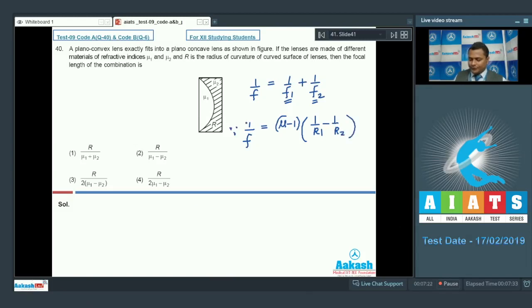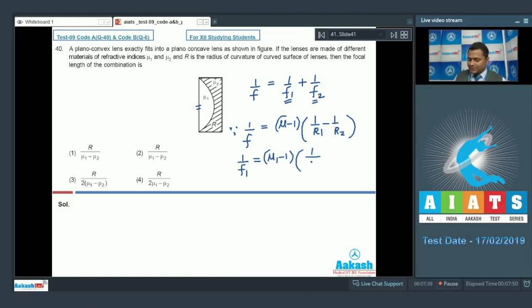Now for lens 1, let the focal length be f1, so 1/f1 equals, with the refractive index with respect to the surrounding being mu1, (mu1 minus 1) times the first surface, which is plane.